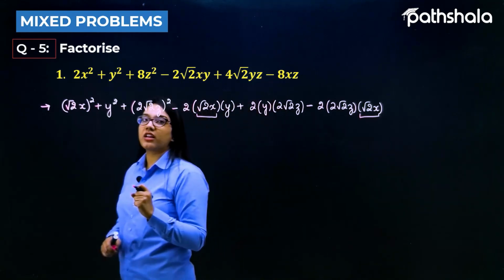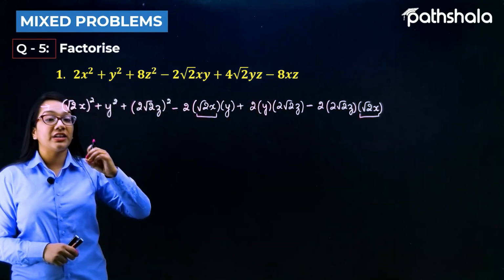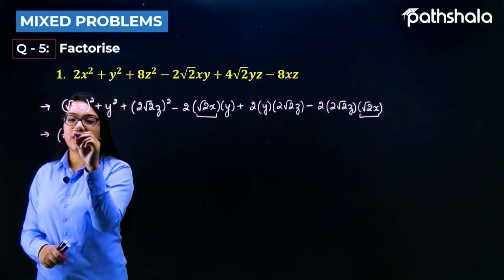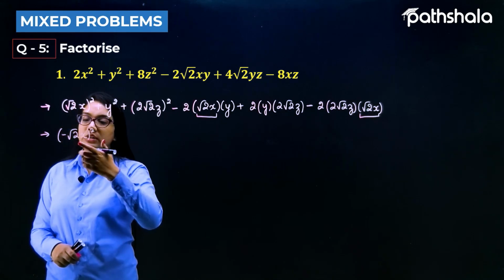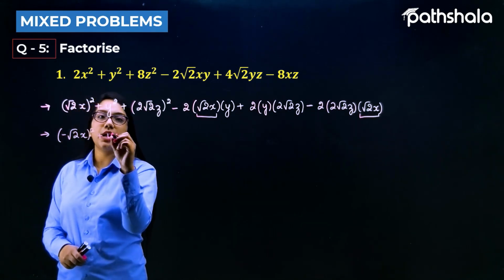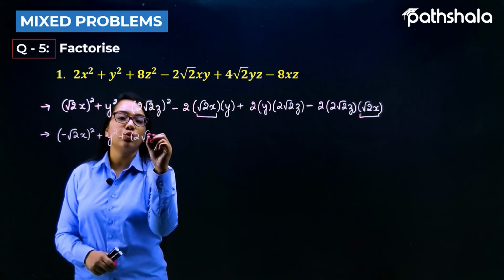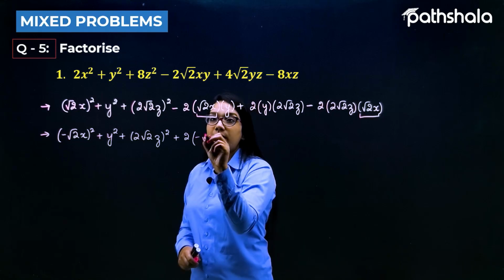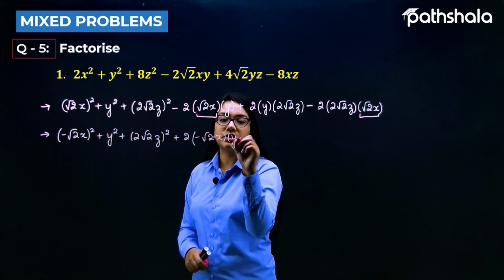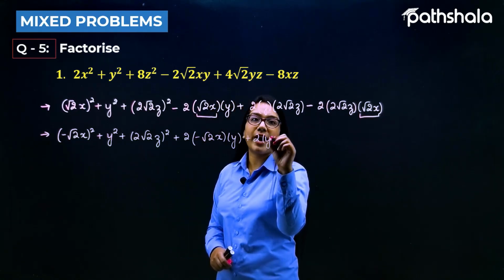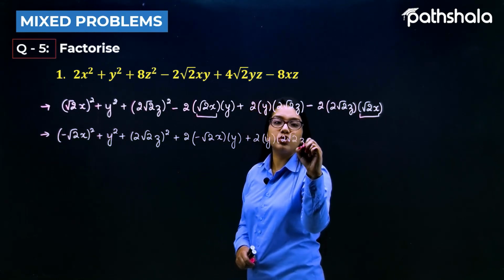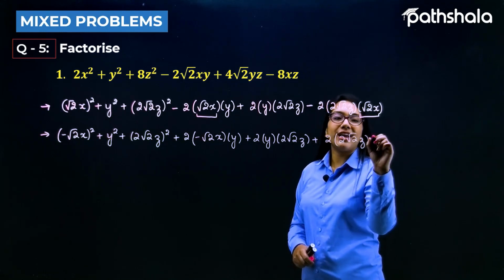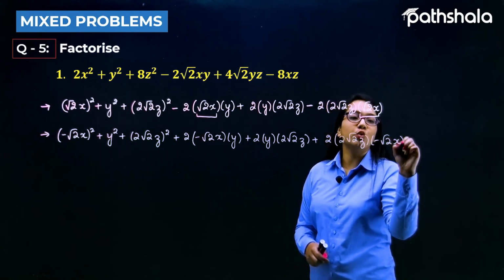So we give the negative sign to √2x, and I am writing it as (−√2x)², plus y², plus (2√2z)². Further I give the negative sign to the x term, so it is y, plus 2y and 2√2z, again with the negative sign on the x term as −√2x.